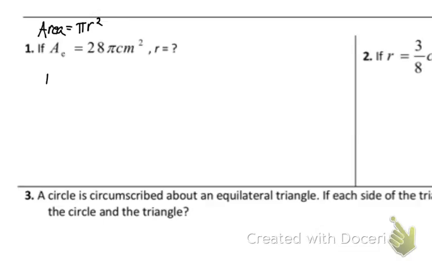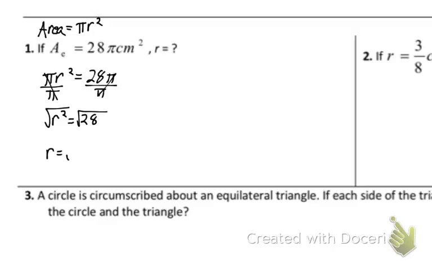So that means pi r squared is going to equal 28 pi. The first thing I'm going to do is get that pi out of there by dividing both sides by pi. They just turn to 1. And so we have r squared equals 28. We're going to go ahead and take the square root of both sides, and we're just going to have r equals the square root of 28.